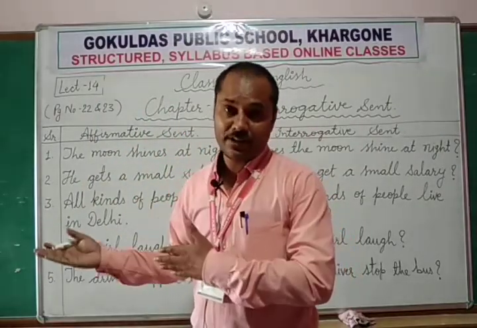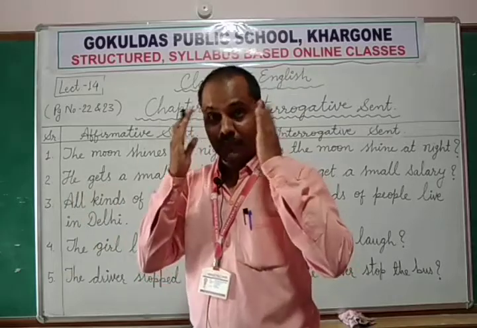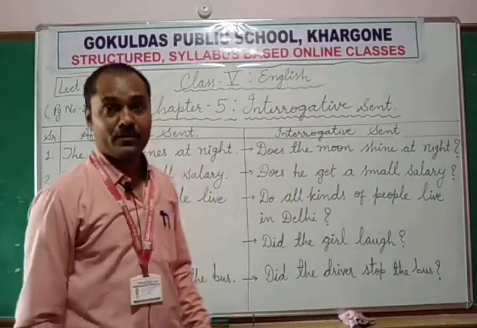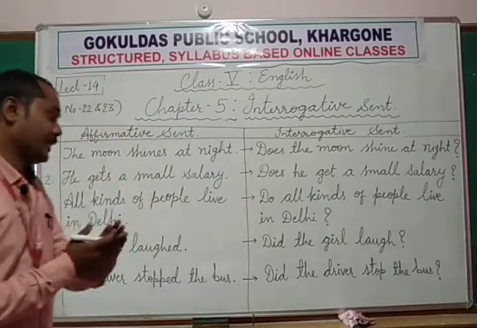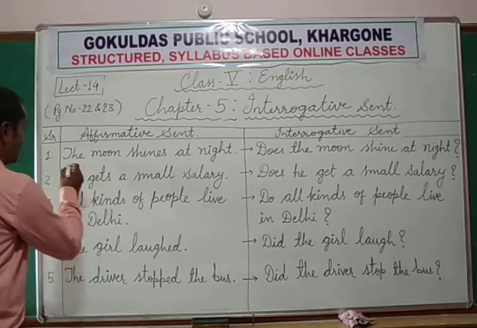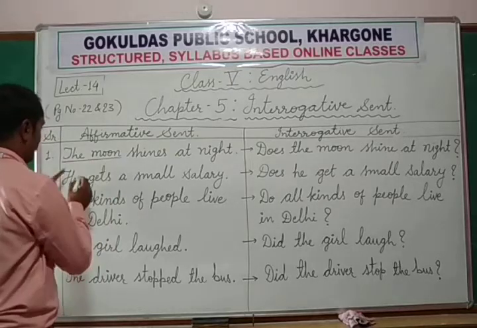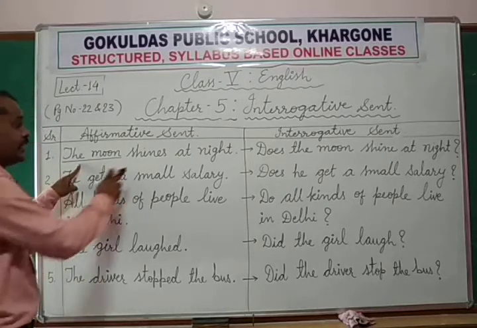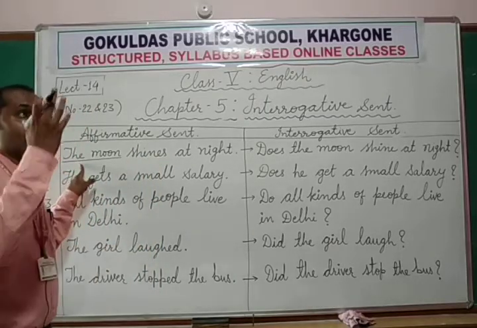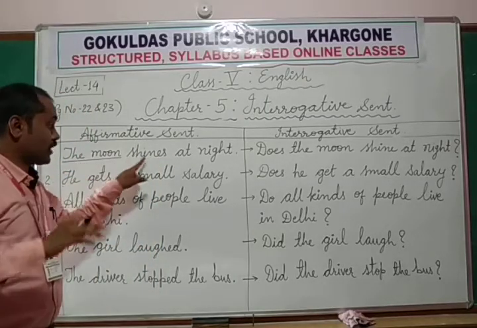It is not given, but we have to apply our mind and place the helping verb in the first place. Take the moon: the moon is the subject. Shines is the main verb. What is the action of the moon? That is shining. So shine is the main verb.